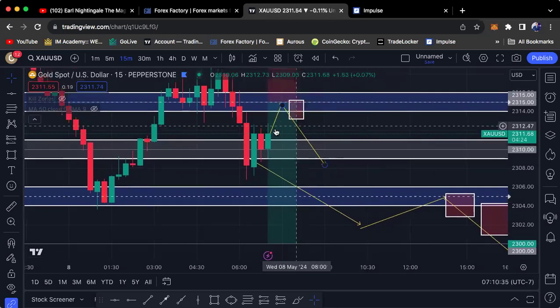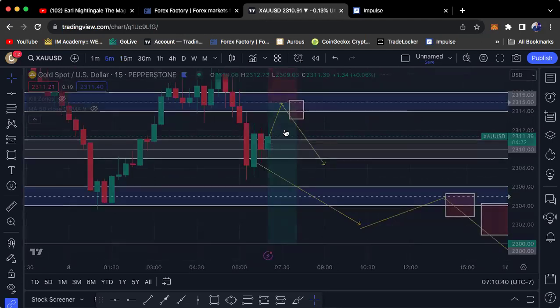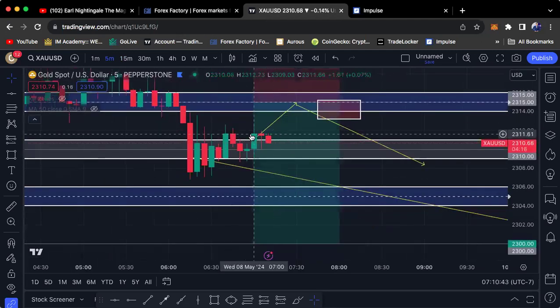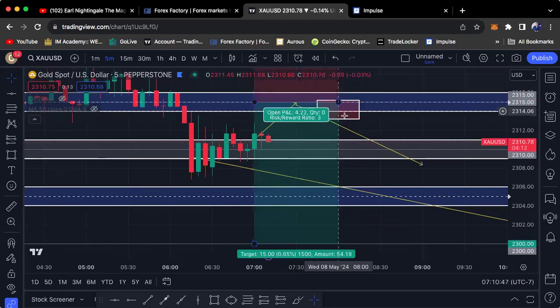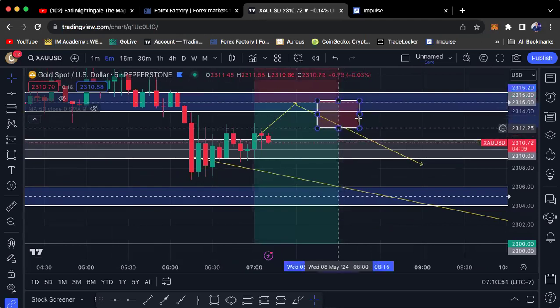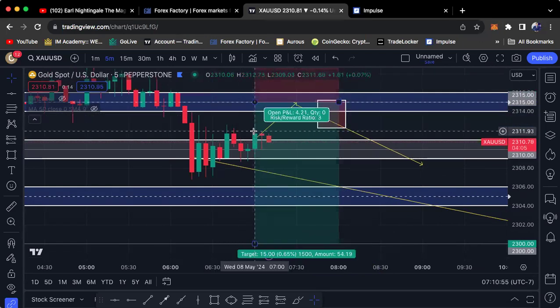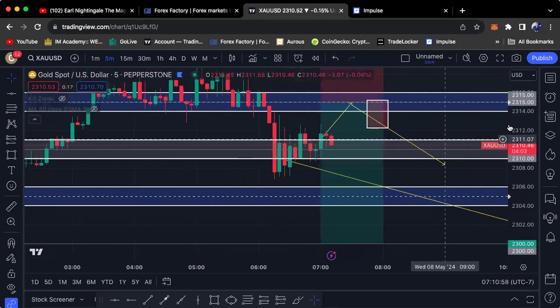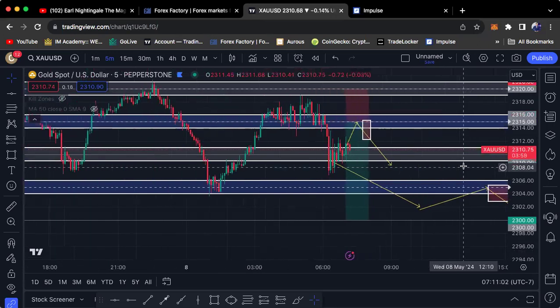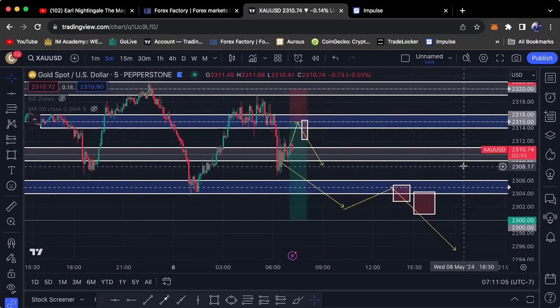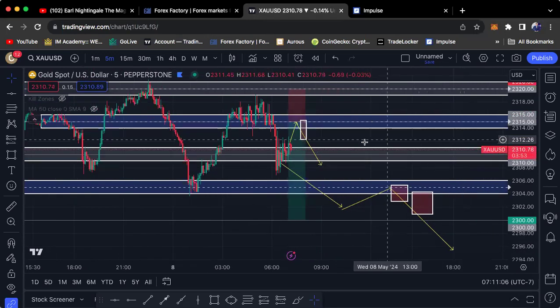All right. So wait for price to go here at the zone. Wait for the bearish confirmation candle, and then take the sell here, because I want to go with the trend.